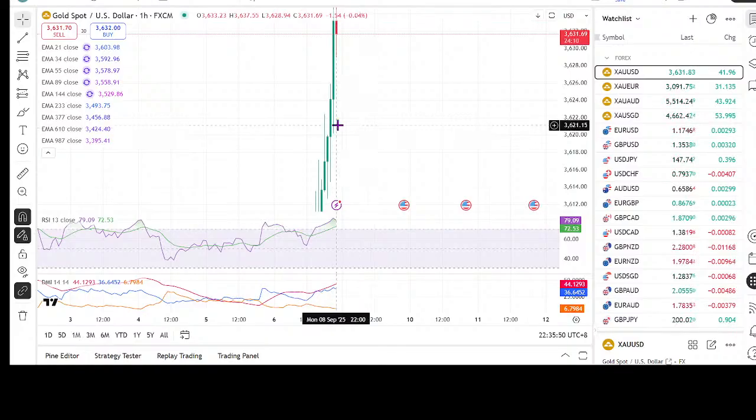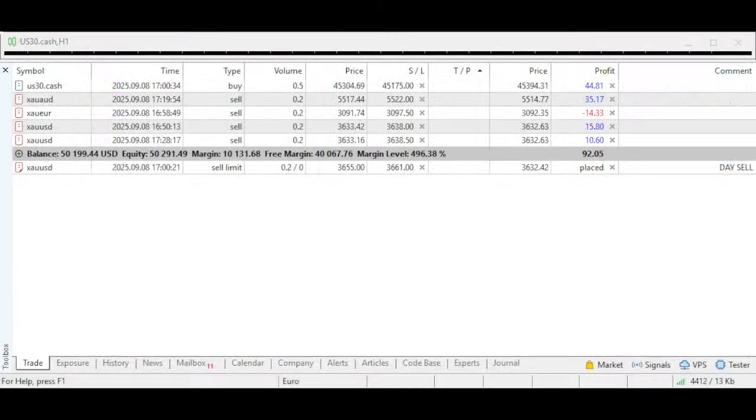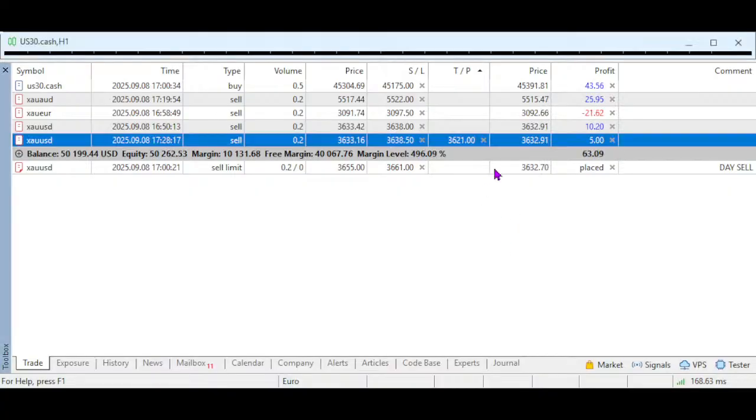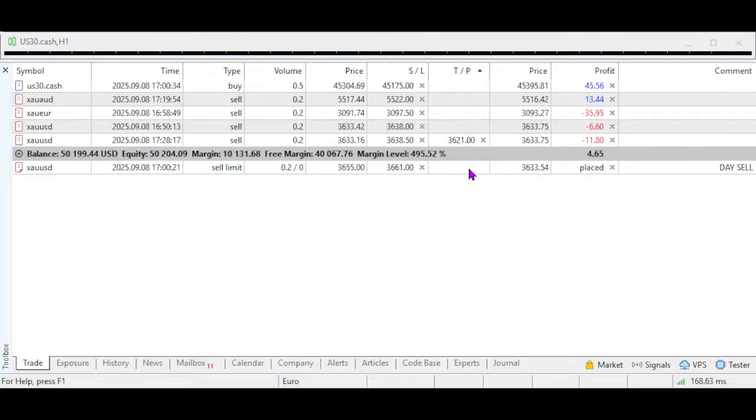So if that is the case, then we can put the TP at 21. Another one is also around 20 or 20 half.